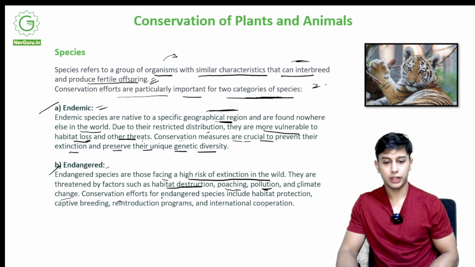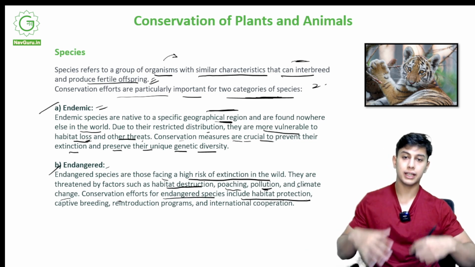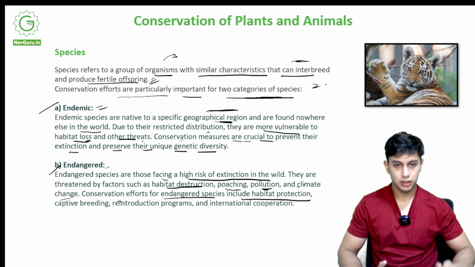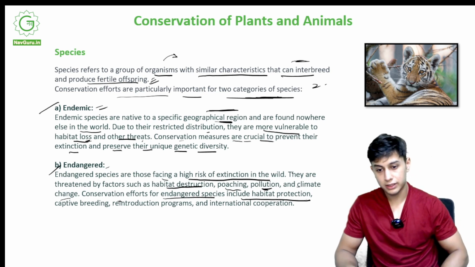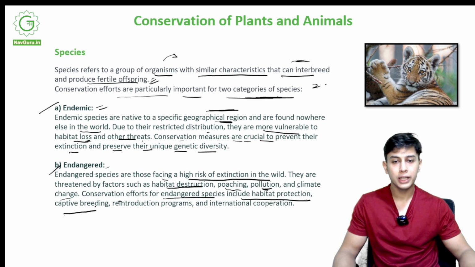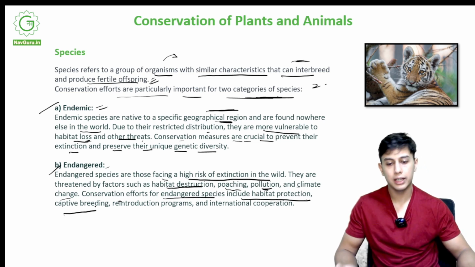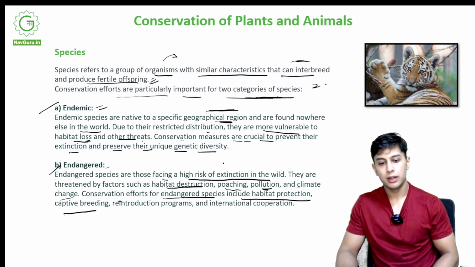Conservation efforts for endangered species include habitat protection. So what conservation efforts will I try? I will try to include habitat protection, so that the area that they are found in is protected, like national parks, wildlife sanctuaries. Captive breeding, like I told you, growing them in number in captivity in an artificial environment and releasing them back to the wild.